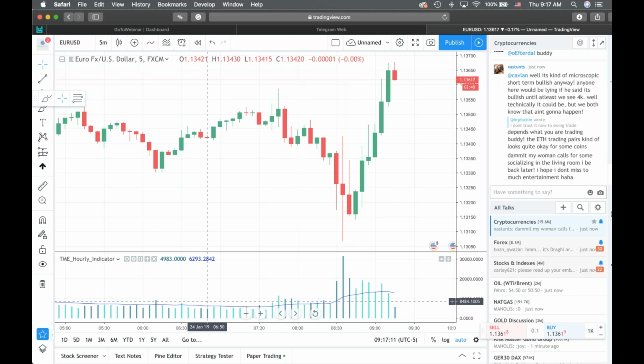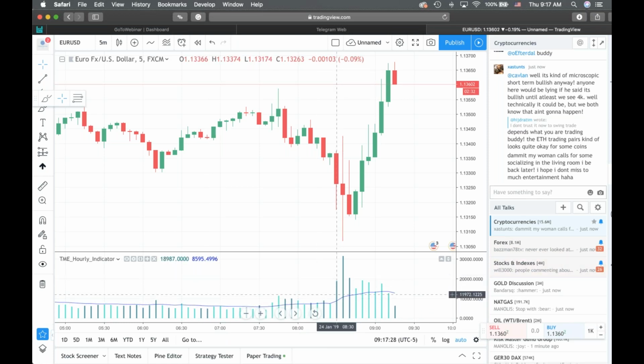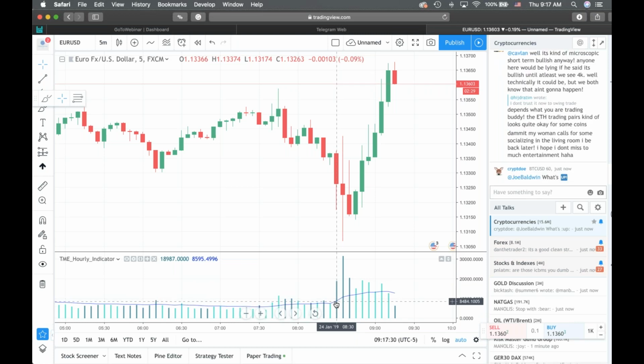The way the script was written, the moving average represents the expected volume on each 5 minute bar. So when a bar bursts out of the blue line, it means the volume is higher than expected, which, combined with another overbought/oversold indicator, usually the Bollinger Band, can be a great indication of trend reversals.